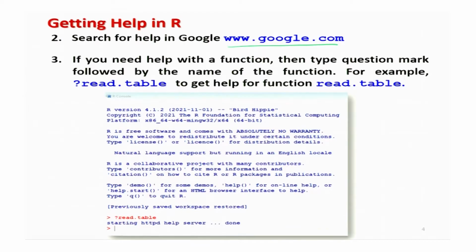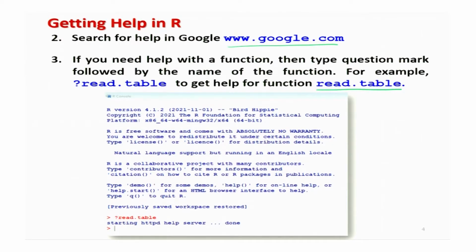So, I will take up all these issues one by one. First option: suppose you know that there is a command, say read.table. We are going to learn and use it. This is the command to read data which is given in tabular format.